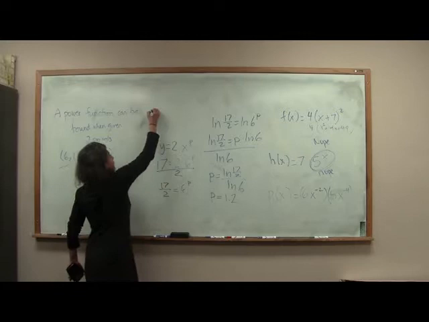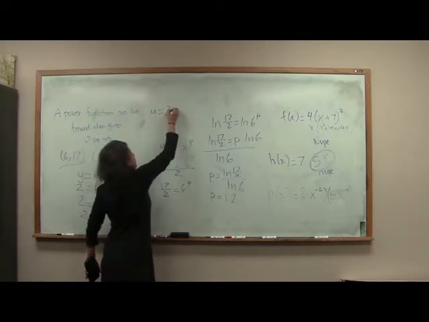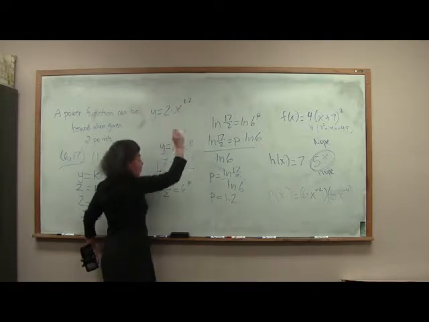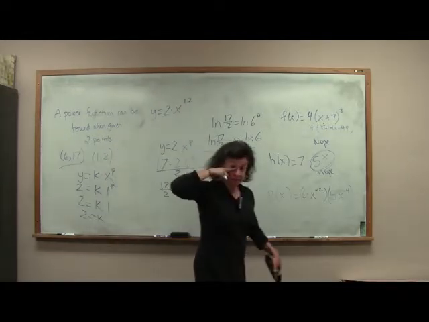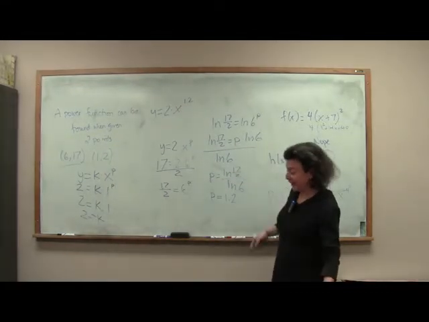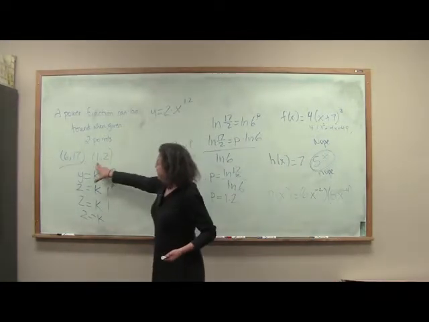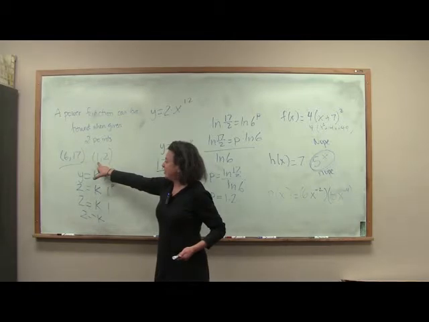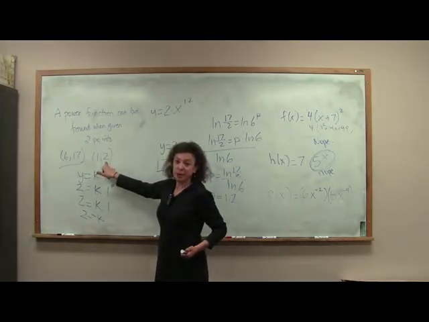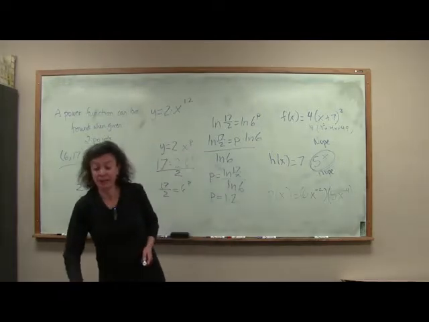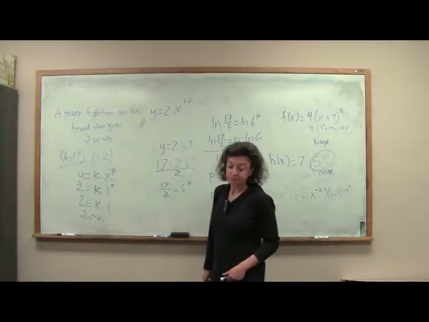So I claim this power function is 2 times x raised to the 1.2 power. Okay? So hopefully you see that when you're given the ordered pair 1 comma some number, with a power function, this number is actually your value of k. So it kind of gets you halfway there.